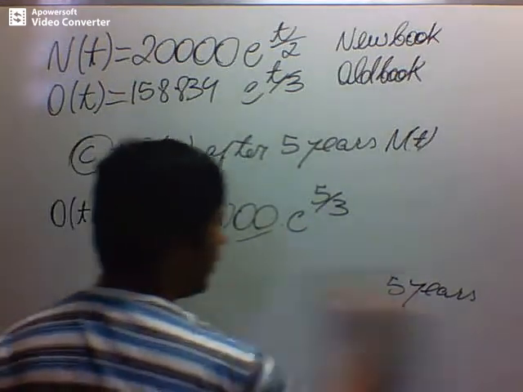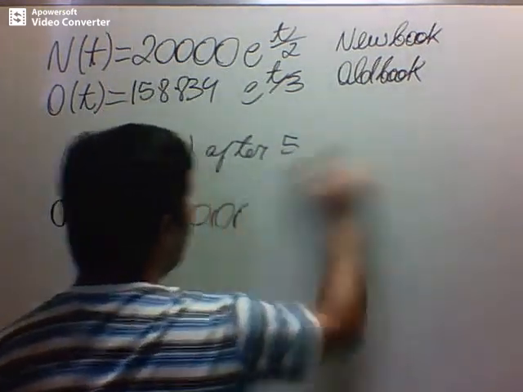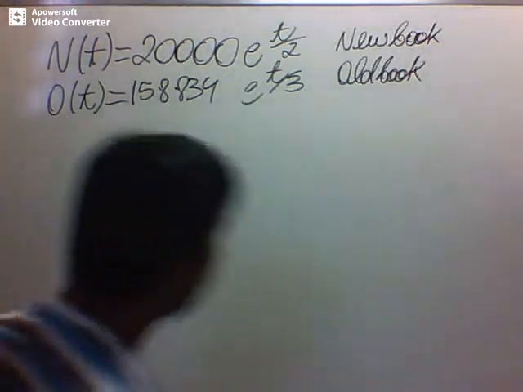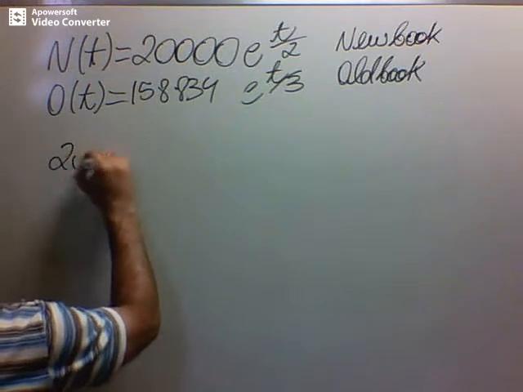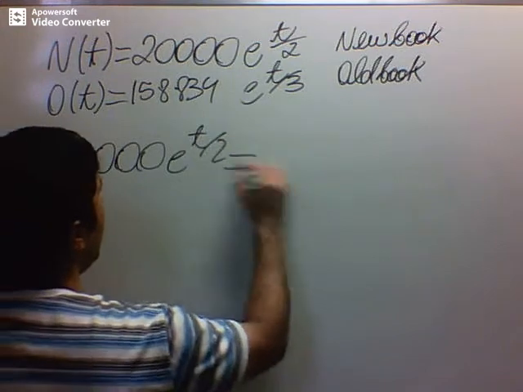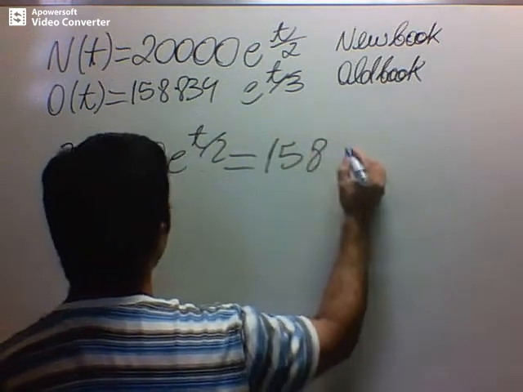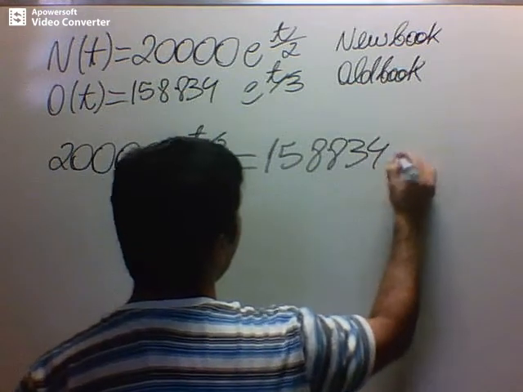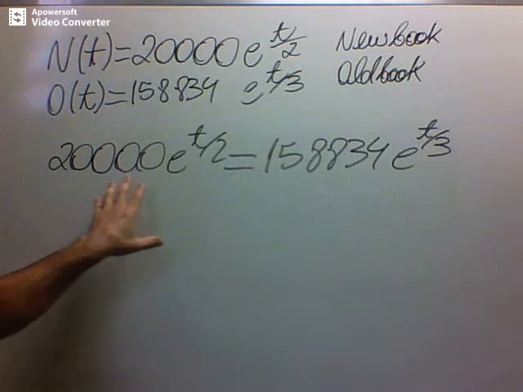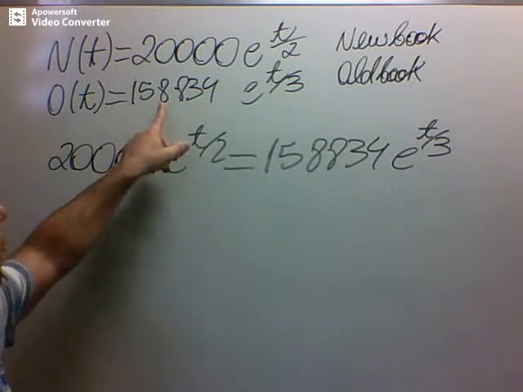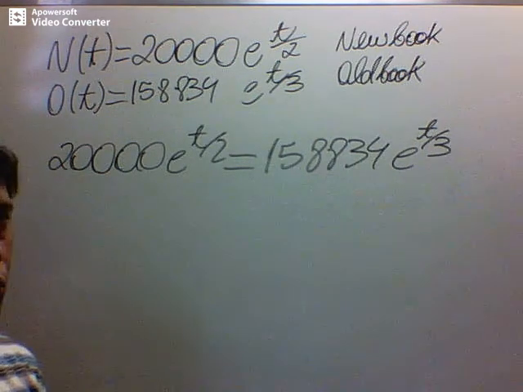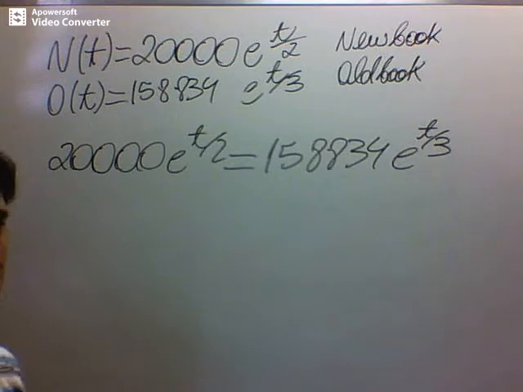Then what we have to do is simply put them together. 20,000 e to the t divided by 2 equal to 158,834 e to the t divided by 3. We want to know when they are going to be equal, so I put this equal to this, and then we are going to find what we wish.